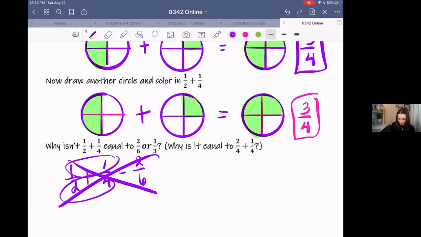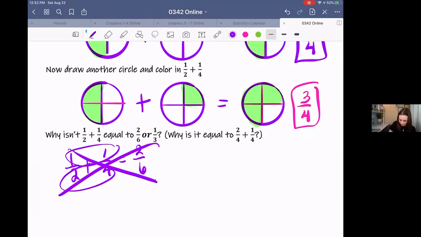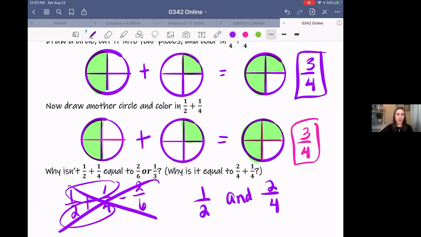So why are they the same? Why are these two problems the same? Let's focus on 1/2 and 2/4. When I added that extra pink line, they ended up being equal, right?